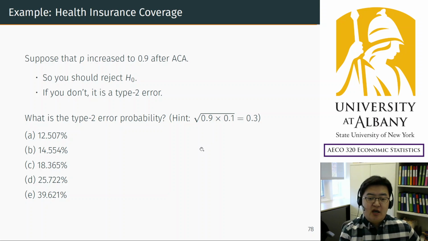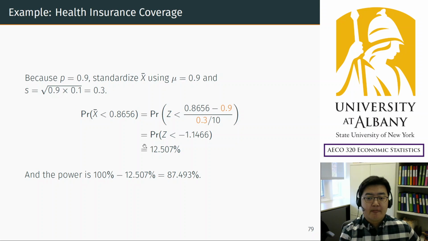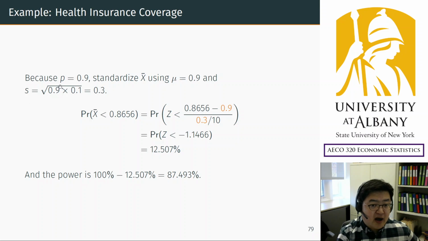Okay, let me show you the answer. So we assume that the truth is 90% after the Affordable Care Act takes effect. And then it implies, using the binary random variable structure, a standard deviation of 0.3, as I said. And you use these two parameters, mean and standard deviation, based on the assumed truth, to standardize the normal distribution.